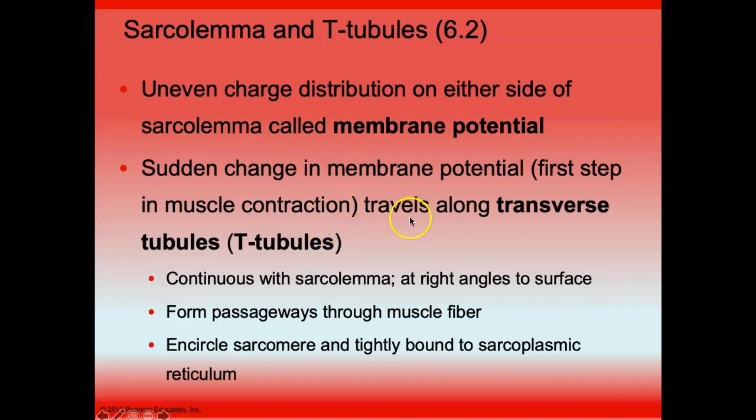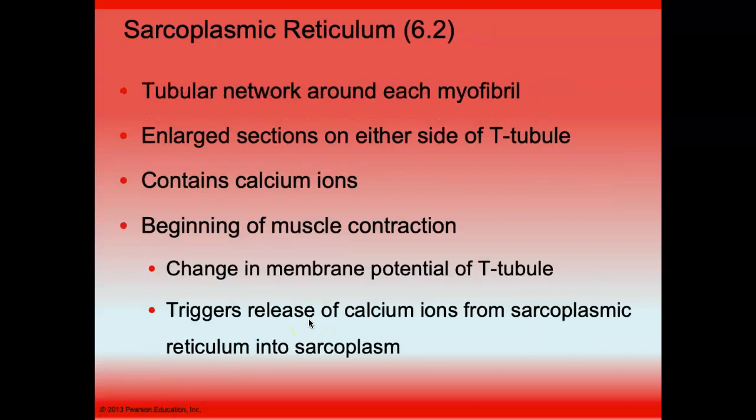This is describing those transverse tubules. It's continuous with the membrane, the sarcolemma, and it forms passageways through the muscle fiber. The sarcoplasmic reticulum itself is a calcium ion reservoir.